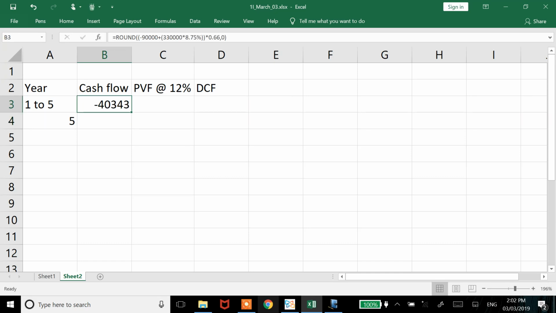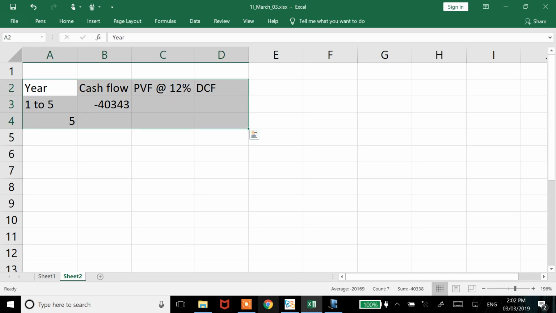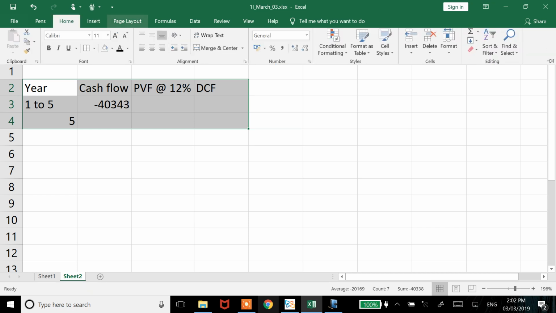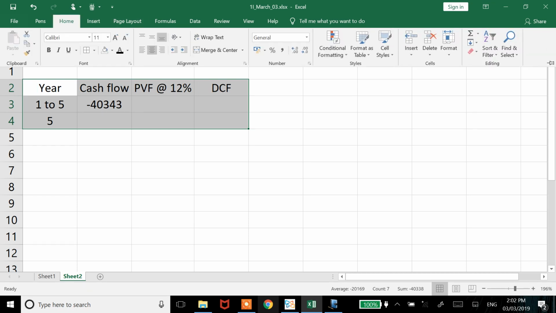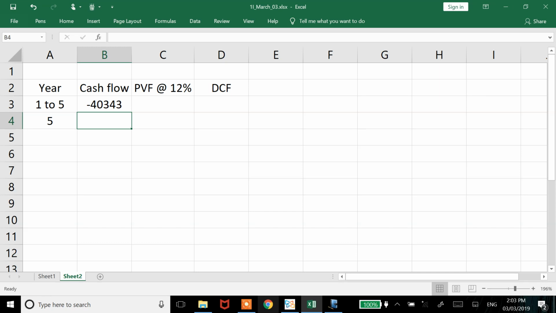So every year 40,343 will go from my pocket. 40,343 is the outflow every year, so write year 1 to 5, 40,343 is the outflow.